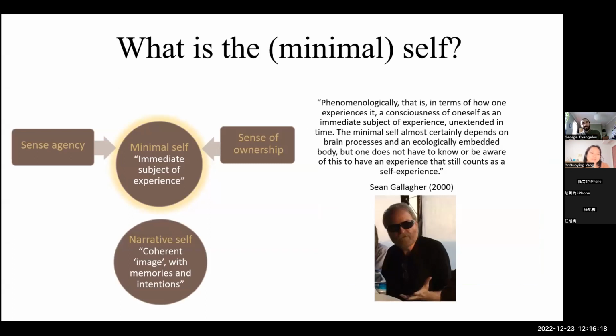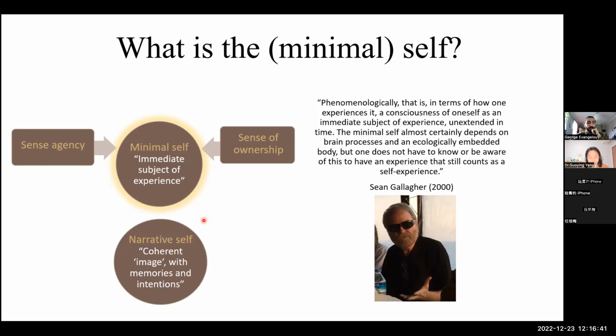Okay. So where I've talked about the virtual self and this minimal self-awareness, we might ask ourselves, what is the minimal self? Sean Gallagher, a philosopher and cognitive neuroscientist, talks about the minimal self as being irrespective of longer-term narratives built about the self.